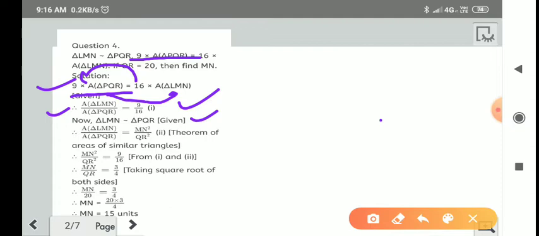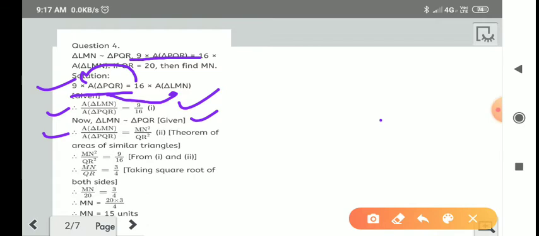According to this, the ratio of areas of two triangles is equal to the square of their corresponding sides. So the ratio of area of triangle LMN with area of triangle PQR is equal to the corresponding sides, and we take the two sides MN and QR: MN square divided by QR square.